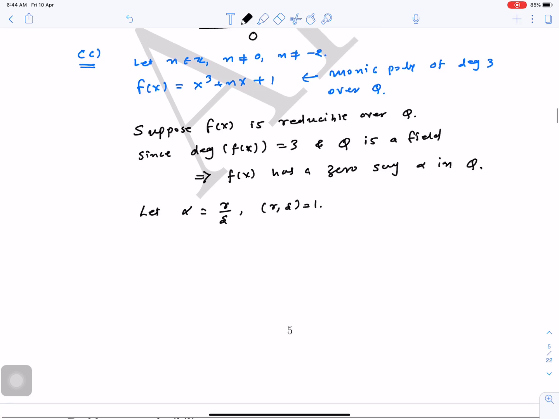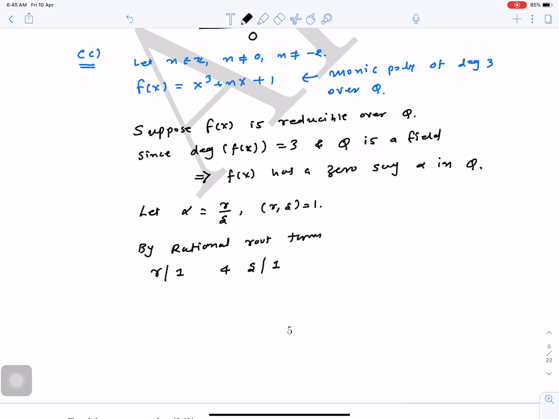By the rational root theorem, the numerator r will divide the constant term, which is 1, and s will divide the coefficient of the leading term, which is also 1. So it gives me what?